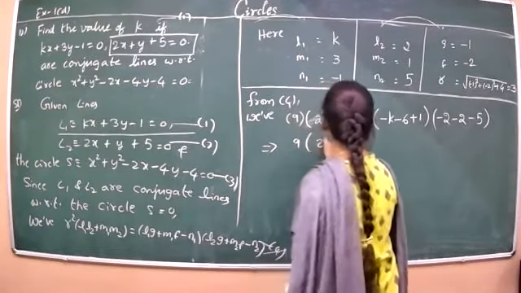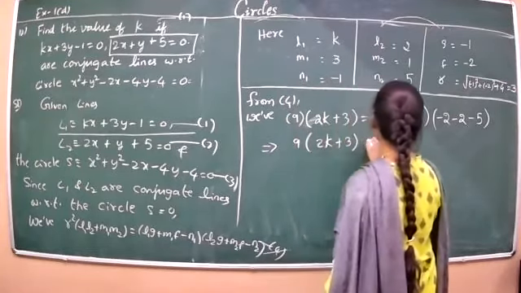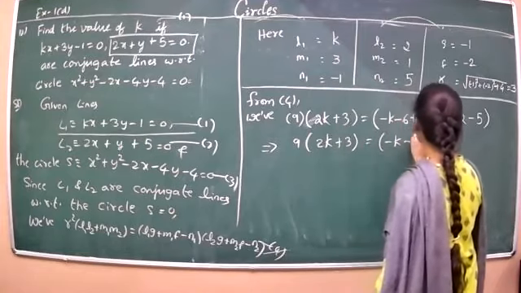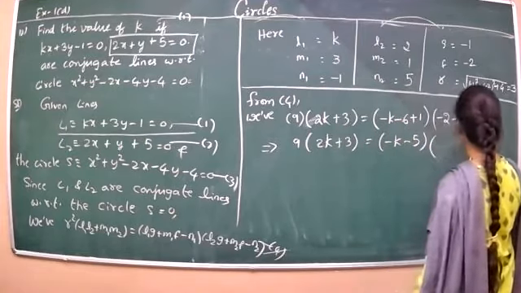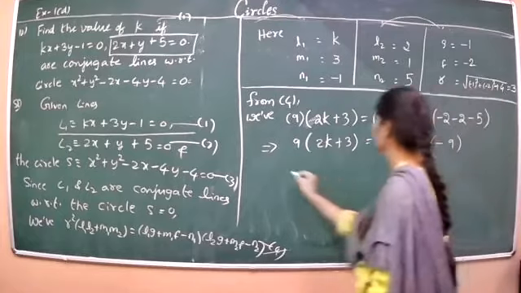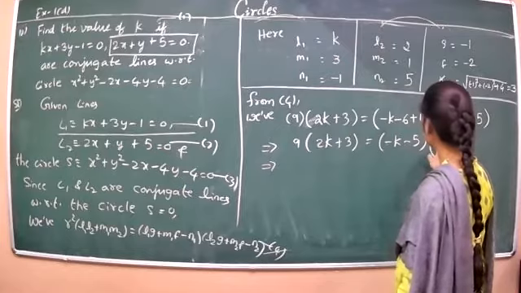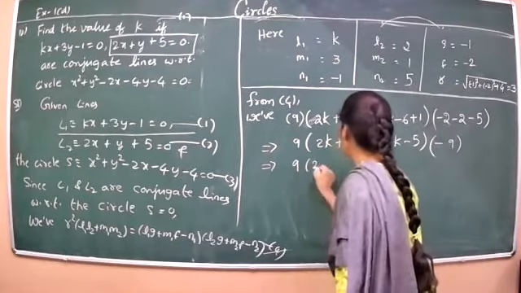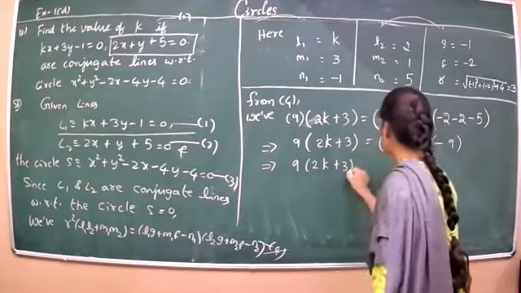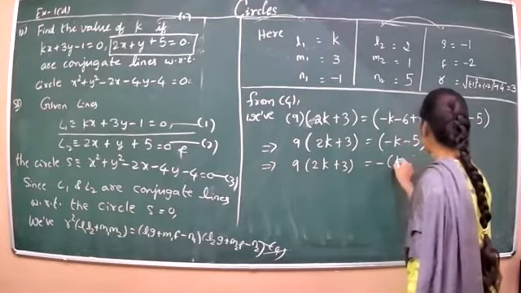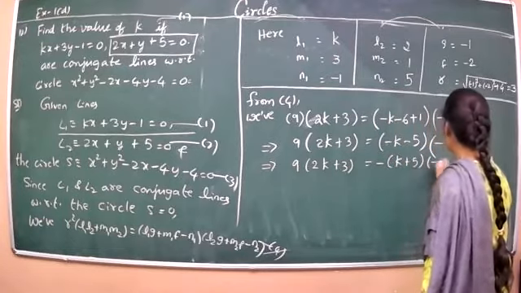This implies 9 into (2k plus 3) is equal to (minus k minus 5) into (minus 4 minus 5 is minus 9). Taking minus common, multiplying this with minus 9 gives minus of (k plus 5) into minus 9.